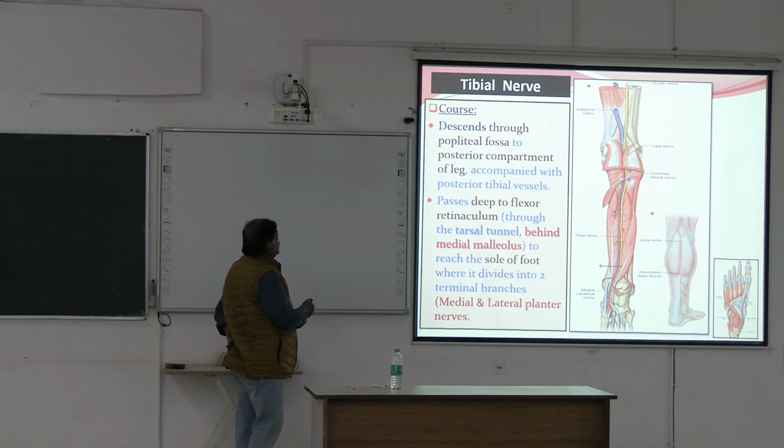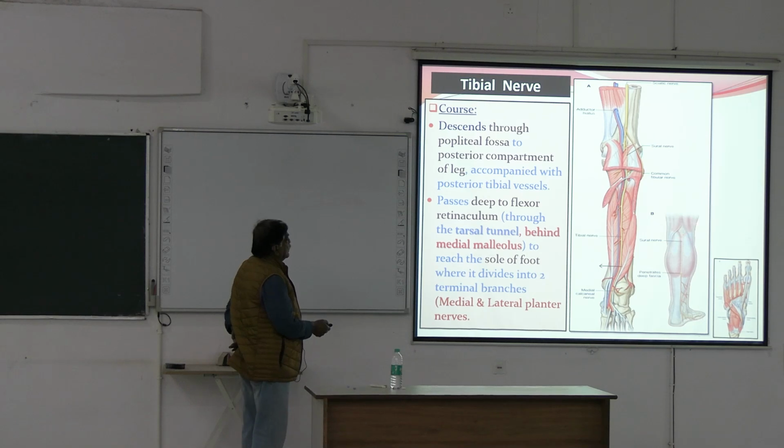Now, again I repeat, the tibial nerve descends through the popliteal fossa. This is the popliteal fossa. It runs in the posterior compartment of the leg accompanied by the posterior tibial vessels, and passes deep to the flexor retinaculum through the tarsal tunnel and behind the medial malleolus.